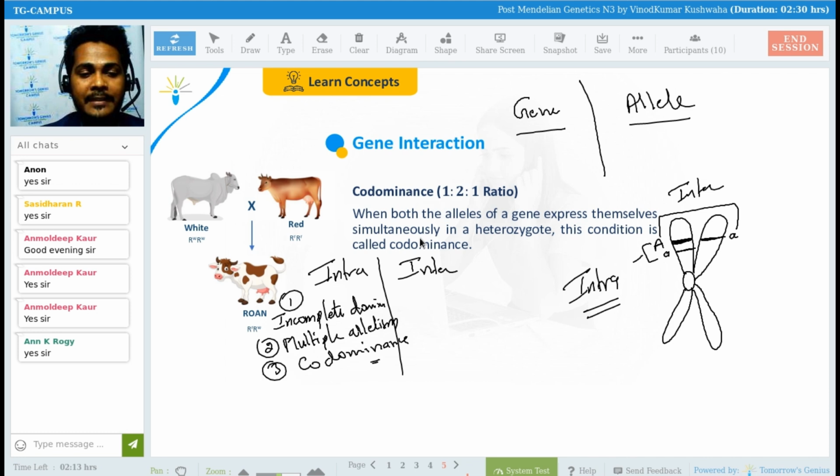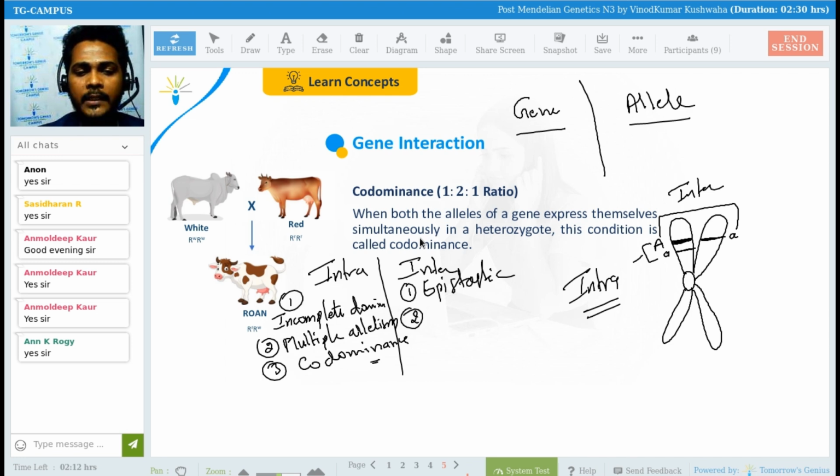Intergenic interactions include not only these four; a lethal gene also can be considered in the intragenic interactions. But what are the types of intergenic interactions? It includes epistasis, first; let me write here, epistasis.